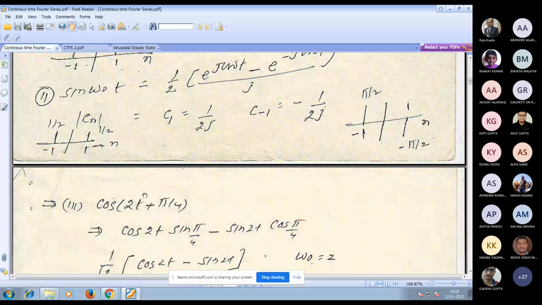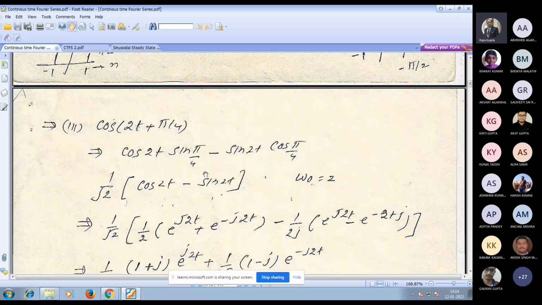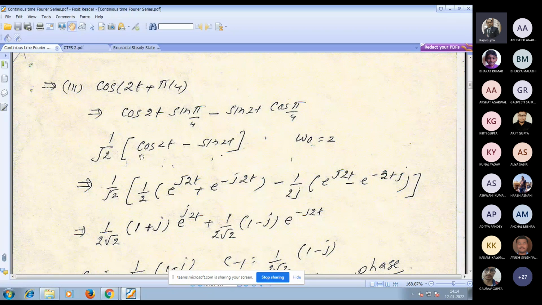Now let's talk about the next signal, cos of 2t plus pi by 4. If you expand this, it is cos 2t sine pi by 4 minus sine 2t cos pi by 4, and if I write it as 1 by root 2 times cos of 2t minus sine of 2t, here omega naught is 2. Remember this, it is an important thing. Omega naught is 2.